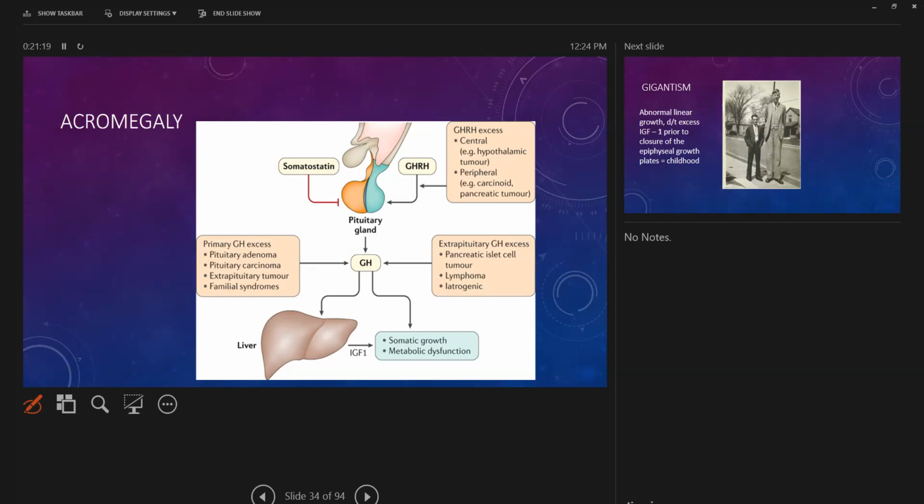So there can be GH causes in the brain and in the rest of the body. If you have primary GH excess, the excess could be from a pituitary adenoma, pituitary carcinoma, an extra-pituitary tumor, and then other familial syndromes. Extra-pituitary GH excess can come, as we talked about, from pancreatic islet cells or a tumor there, from a lymphoma, or just iatrogenically, which means that we probably irradiated something or are giving it.